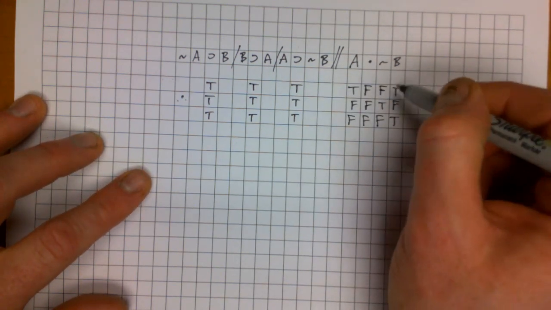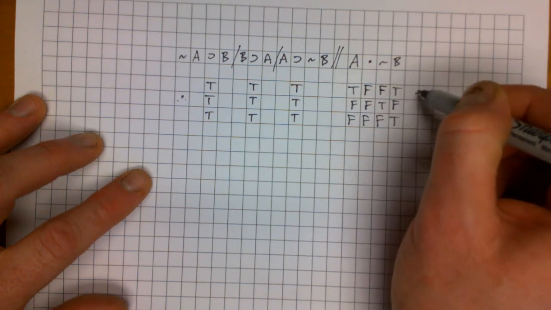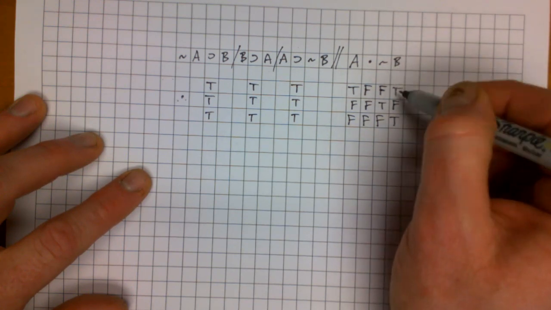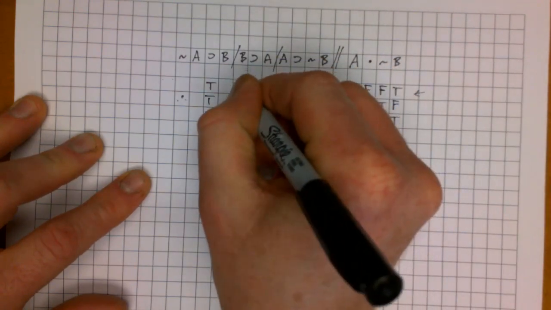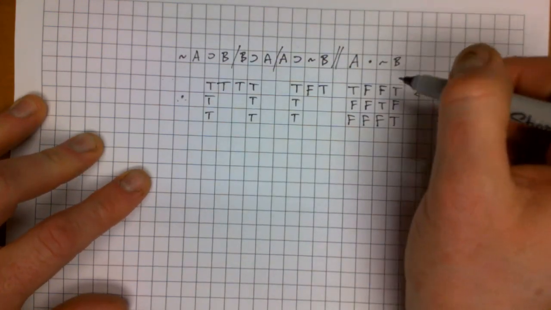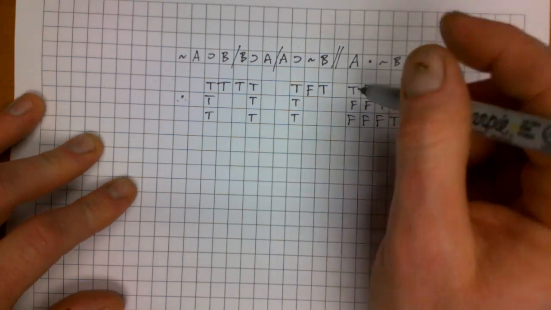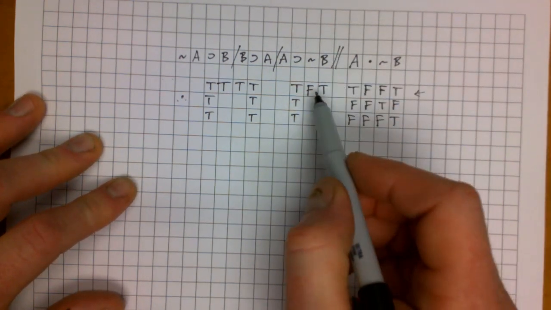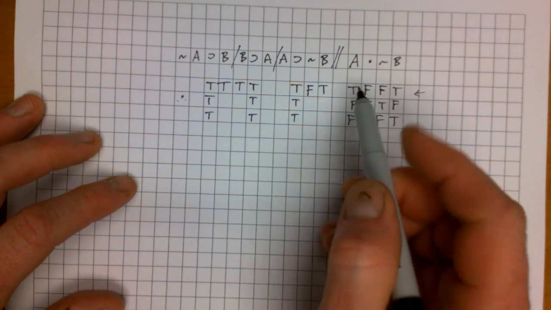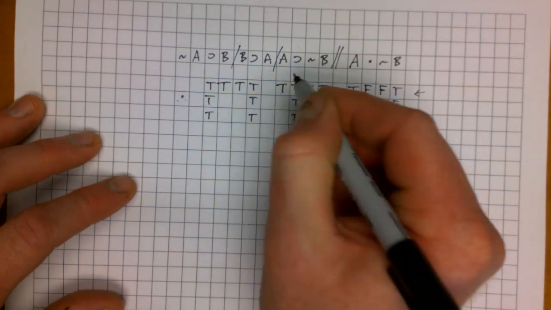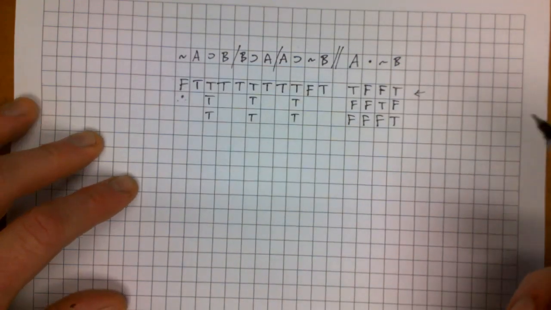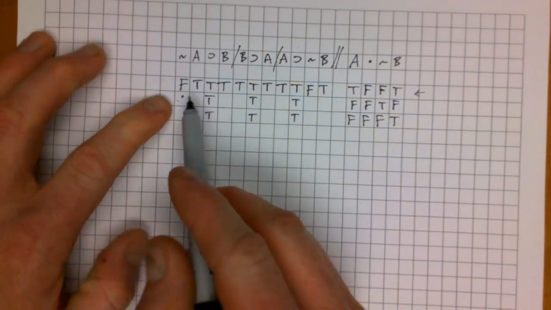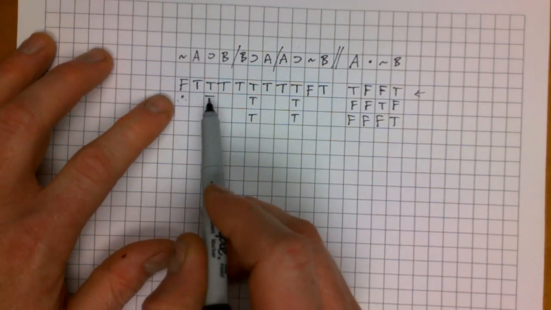So on this line, B is true, and A is true, sorry. Now let's see if I have a contradiction anywhere.